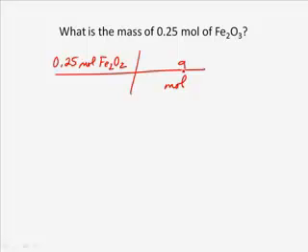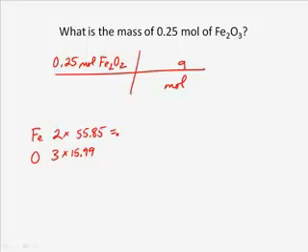Now we're going back to percent composition, where we found the total mass of the compound. We're going to do the same thing here. I have 2 irons and 3 oxygens, and iron is 55.85.